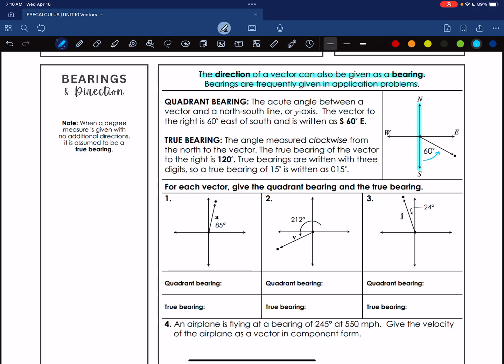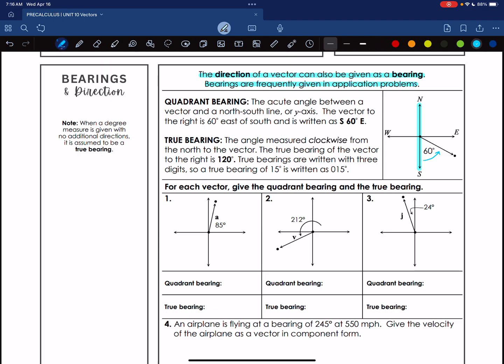The bearing here would be to the right 60 degrees in the eastward direction from the south axis on your compass, and that would be written as S 60 degrees east, like you see here. So you want to write your bearing as you would give your directions.